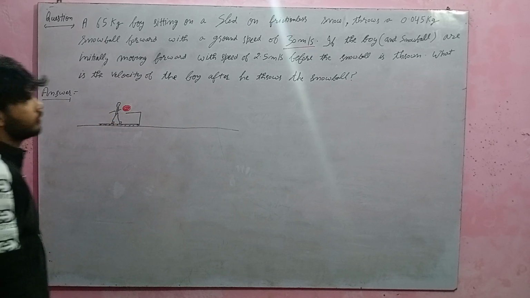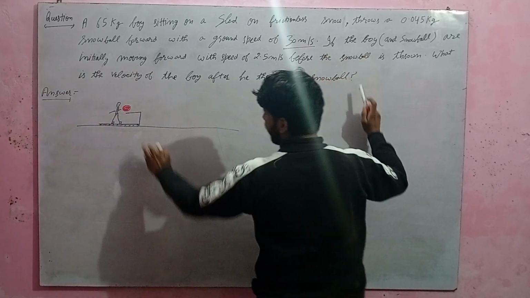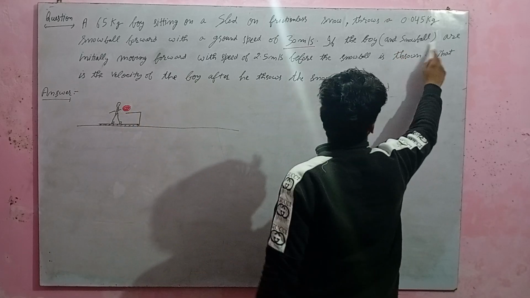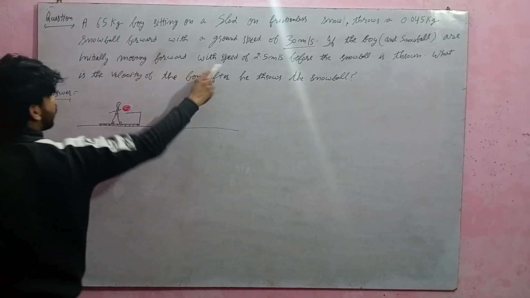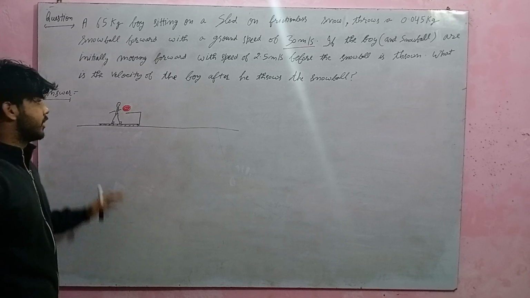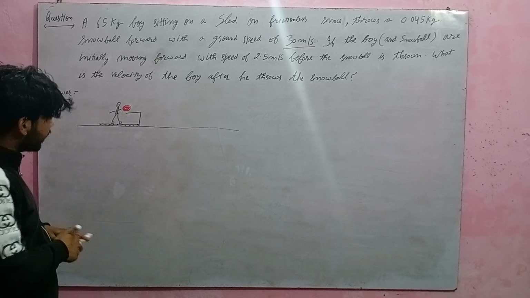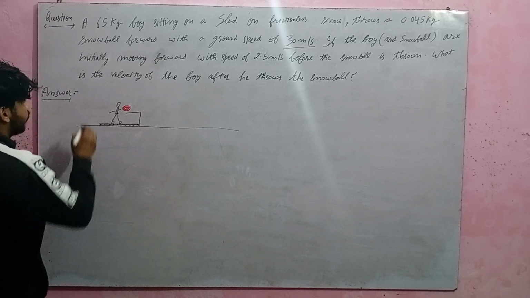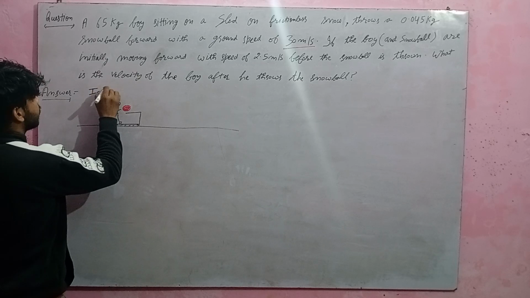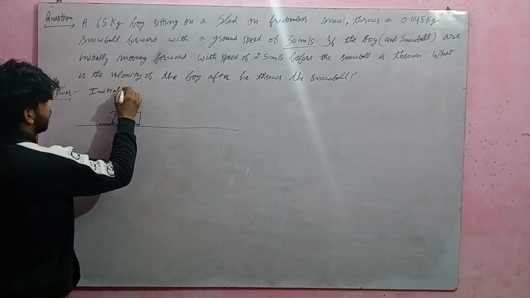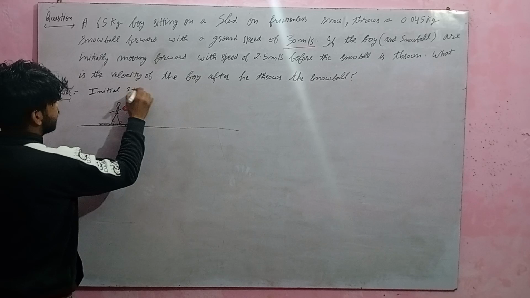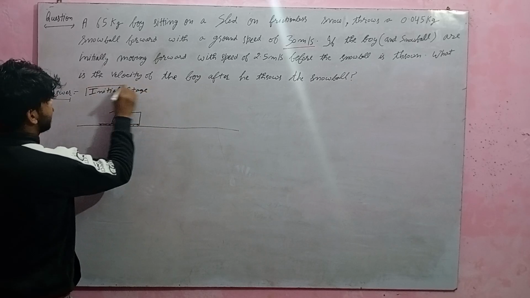Next, the boy and the snowball are initially moving forward with the speed of 2.5 meter per second. Let's suppose this is the initial state.